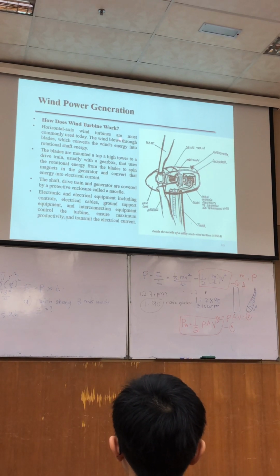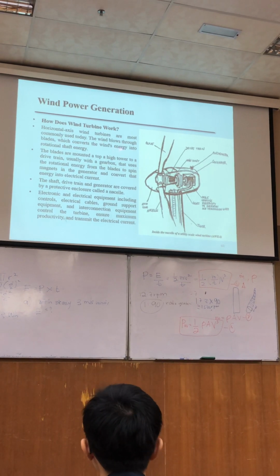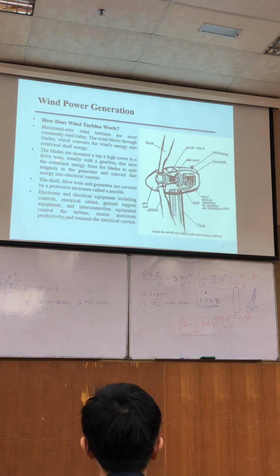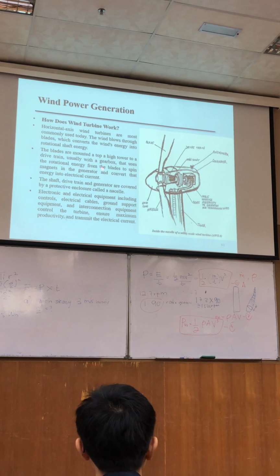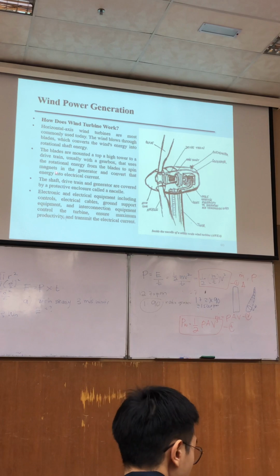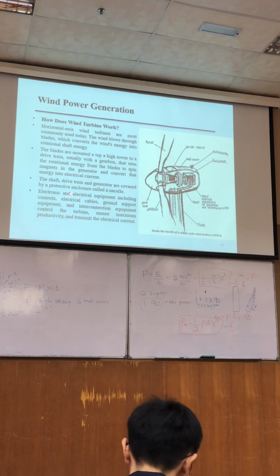So horizontal axis wind turbines are most commonly used today. The wind blows through blades which convert the wind's energy into rotational shaft energy. The blades are mounted on top of a tall tower to a drive frame, usually with a gearbox that uses the rotational energy from the blades to spin magnets in the generator and convert that energy to electrical current.